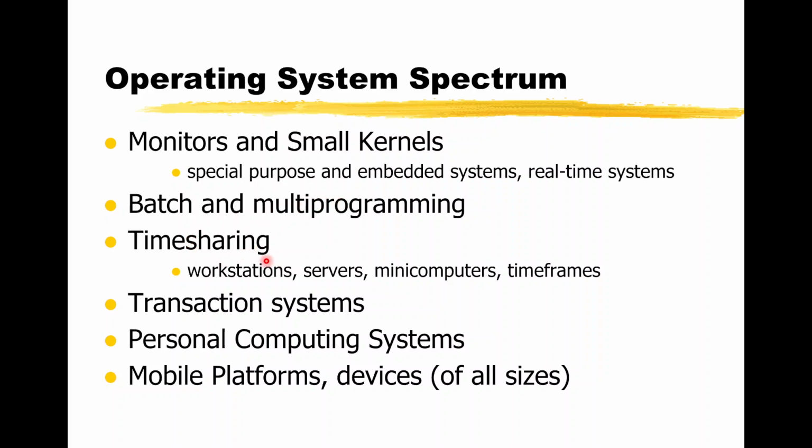Then we have time sharing, where a system shares time for every activity, for example in workstations, servers, minicomputers, and time frames. They have a time frame for everything. So you can have 2 or 3 processes appearing to be running together.